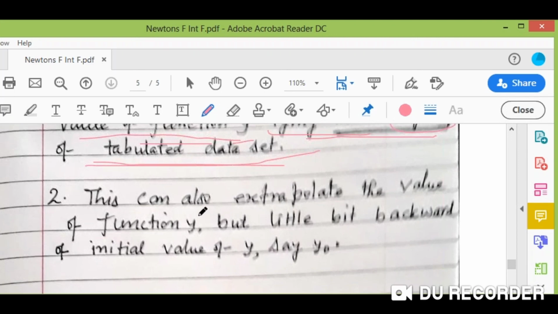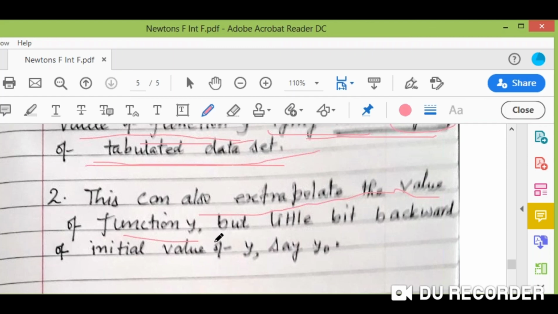The second application is that this formula can also extrapolate the value of the function y. Interpolation is applied through this formula, and extrapolation is also applied through this formula.